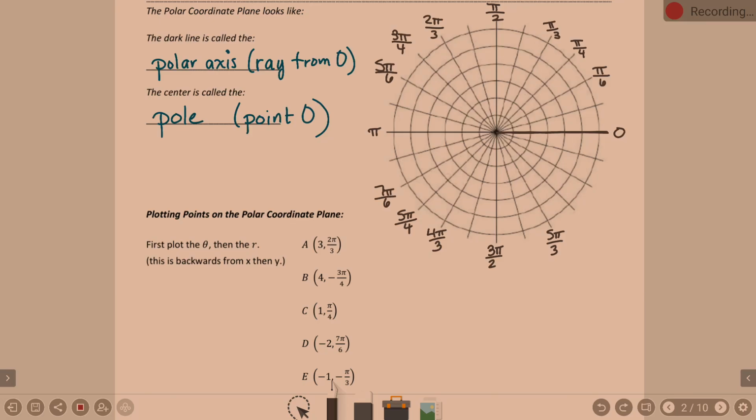In terms of the fourths, this is going to be right before 2 pi, so right before 8/4, which is 7/4. And the sixths, because right before 12/6 is 11/6.